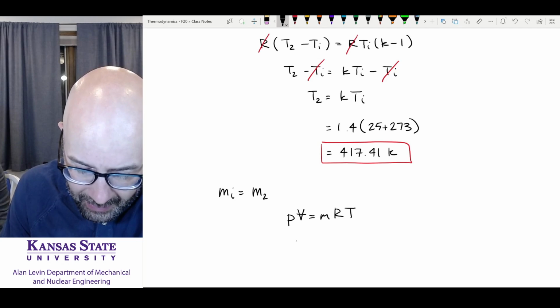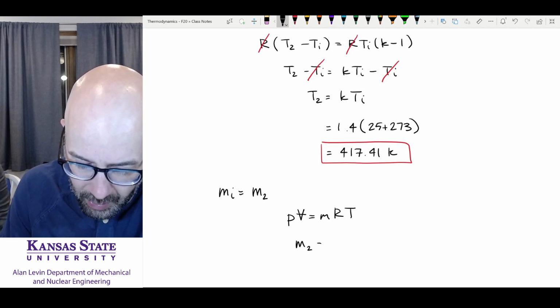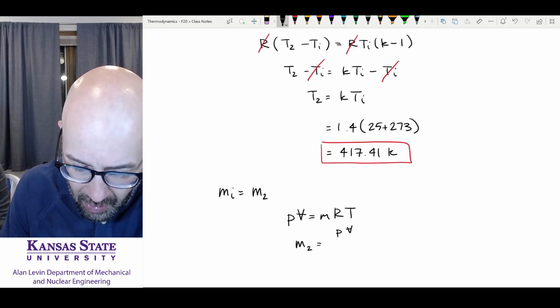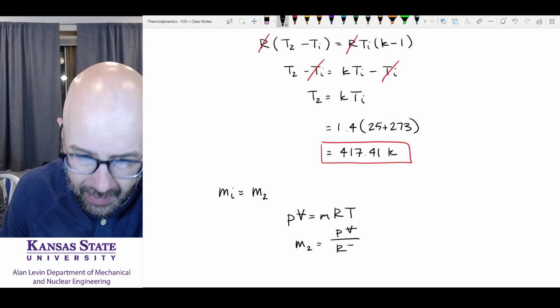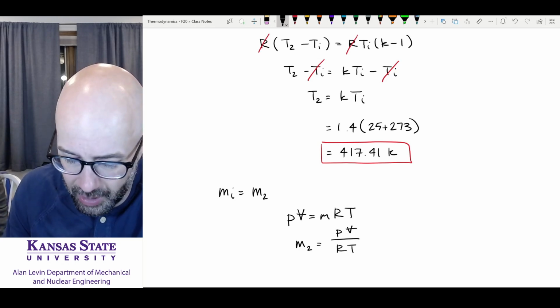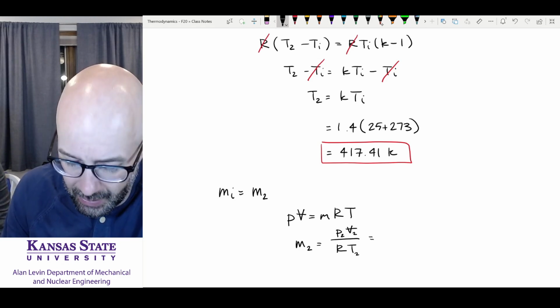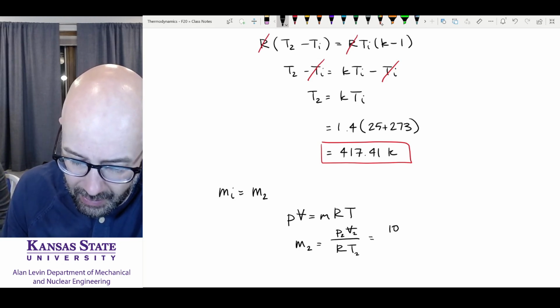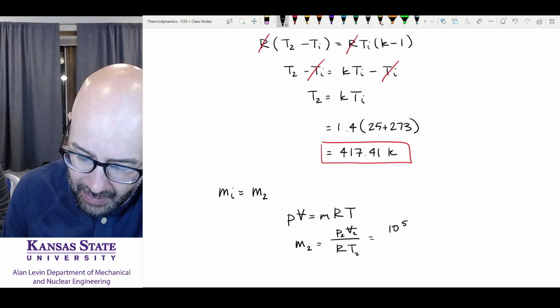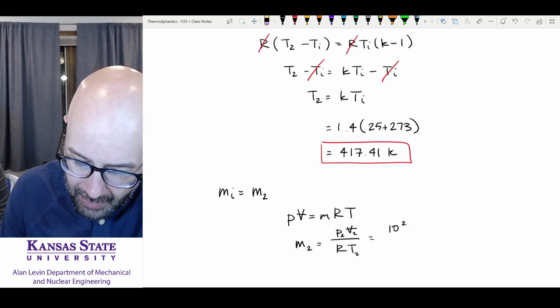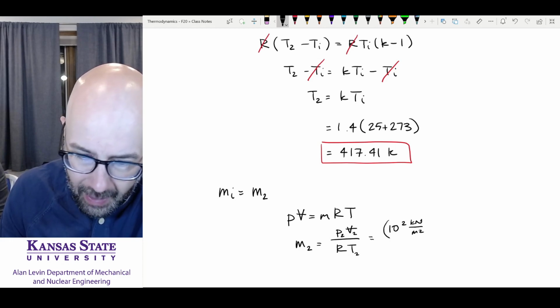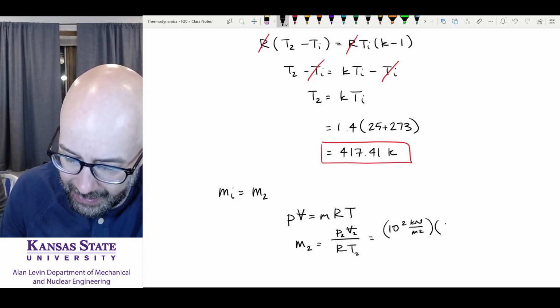So the mass 2 is equal to PV over RT. What was my pressure? This is all at state 2. What was my pressure at state 2? Well, it was 1 bar, 10 to the 5th. Let's do 10 squared kilonewtons per meter squared. My volume there is 10 liters.